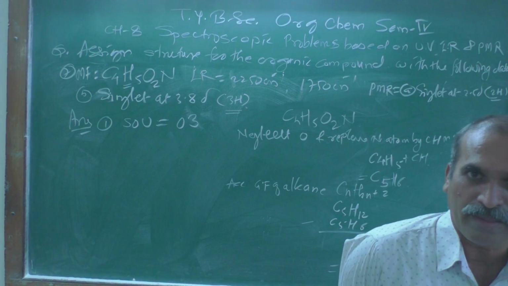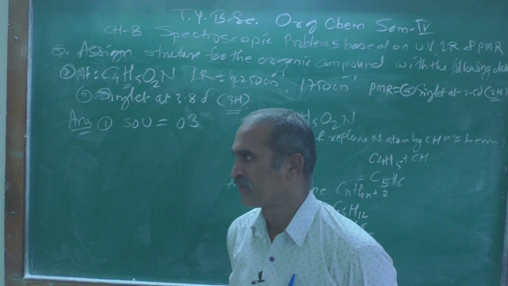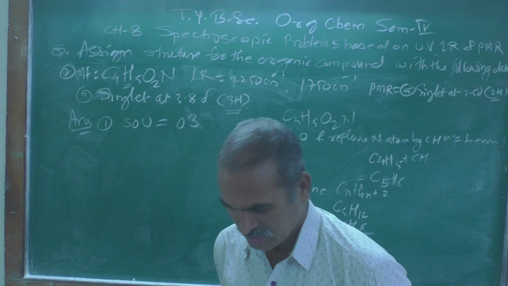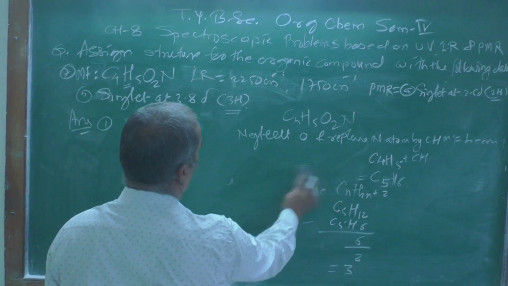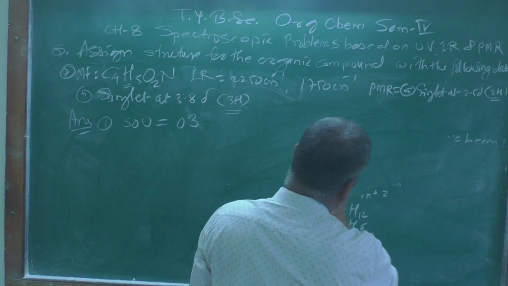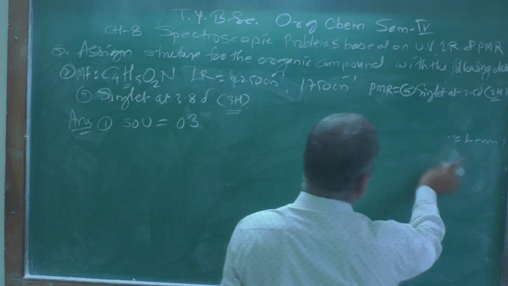This is the simplest, commonly used method to calculate the sites of unsaturation.